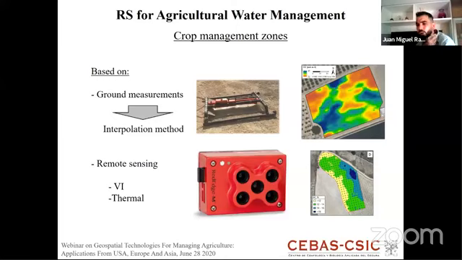But here we can also use remote sensing technologies as an alternative, which provide directly a spatial representation of the variable we are analyzing. In this presentation, I have included the use of vegetation indexes and thermal data as data sources for performing the zoning, although other inputs can also be used, as the case, for example, of radar satellite data.